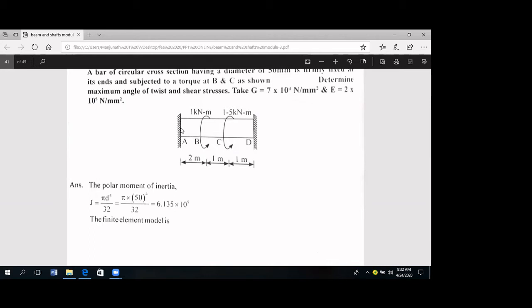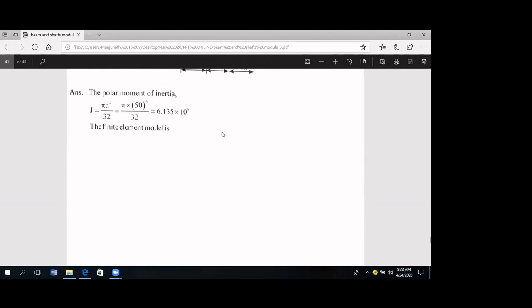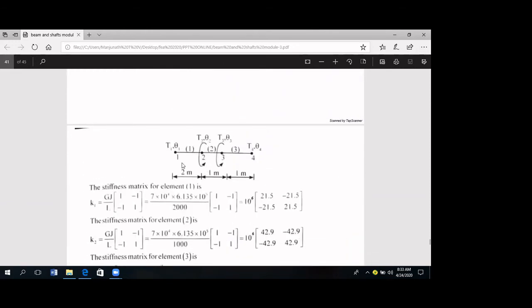So the minimum number of nodes for this case is 4, at point A, point B, point C and point D. The finite element model becomes node number 1, 2, 3, 4, so the overall problem has a minimum of 3 elements: element number 1, element number 2, element number 3.